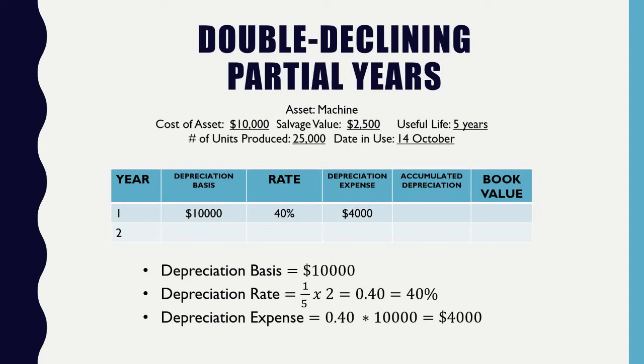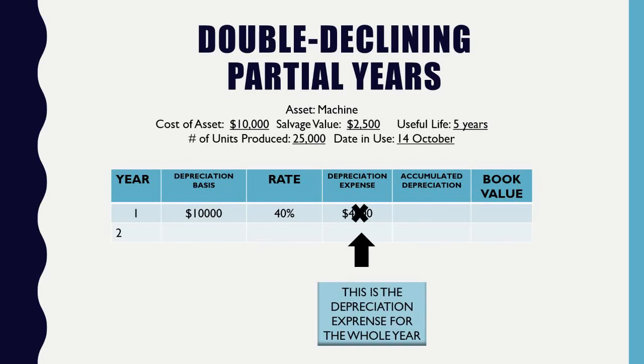No, you're not gonna buy 1 year. You're gonna buy 3 month old. So you have to also adjust the depreciation expense, because this is the depreciation for the whole year. It's not even 1 year old yet. So we need to adjust this 4,000 so it does match the age.